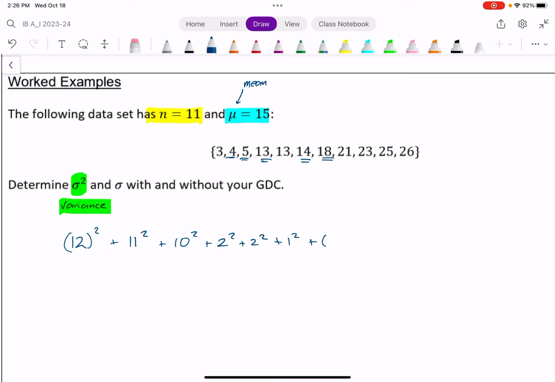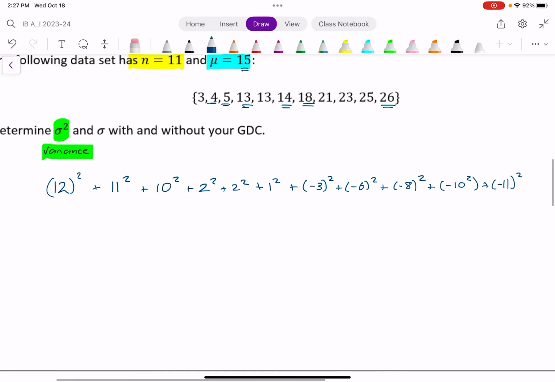The difference between 15 and 18 is negative 3. It doesn't really matter, though, because I square it. So it doesn't really, again, matter which way I'm subtracting, either from the mean or to the mean. And if I keep going, I get these values. I get negative 6 squared, negative 8 squared, negative 10 squared. And for the last one, the difference between 26 and 15 is 11, or negative 11 in this case, but I square it.